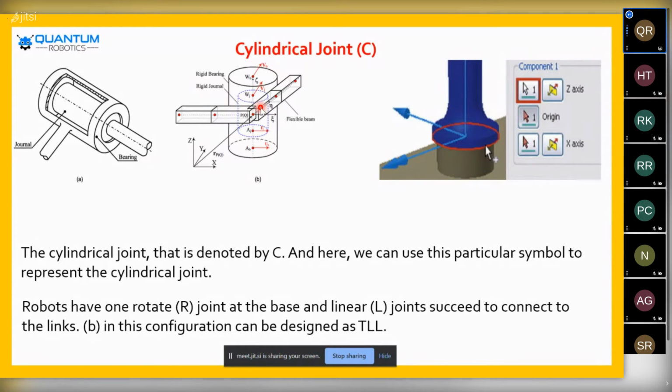The rigid journal helps move the particular shaft according to the bearing. The bearing is made to rotate that particular joint through a particular angle. A flexible beam is like a link.